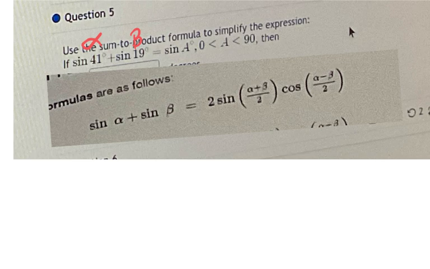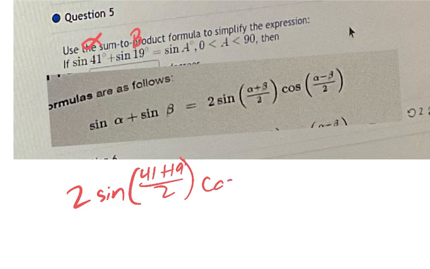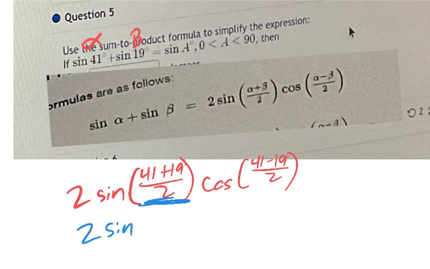Plugging into the formula, I've got 2 times sine of alpha plus beta over 2, cosine of alpha minus beta over 2. Simplifying, this is sine of 60 over 2, which is sine of 30. Then I've got cosine of 22 over 2, which is 11.